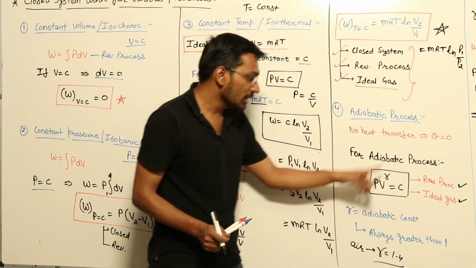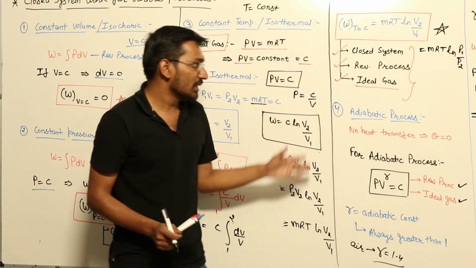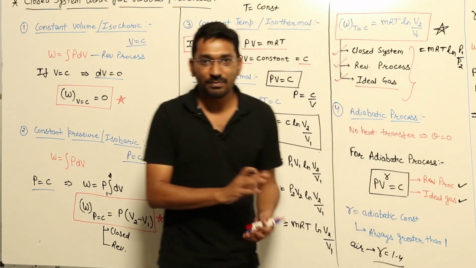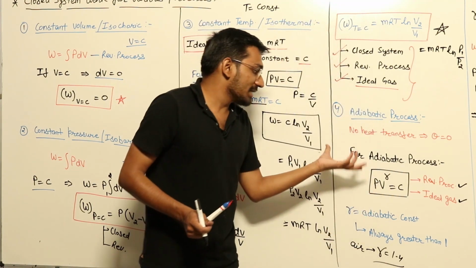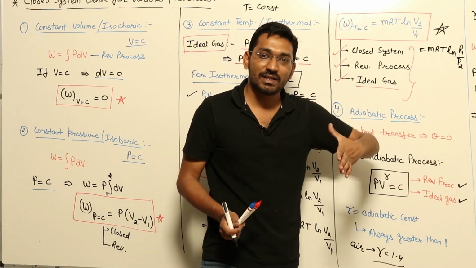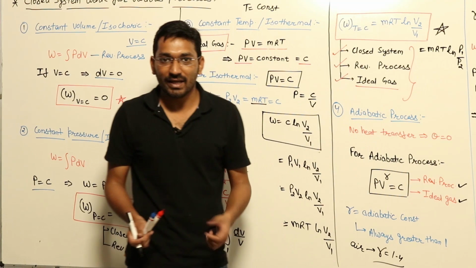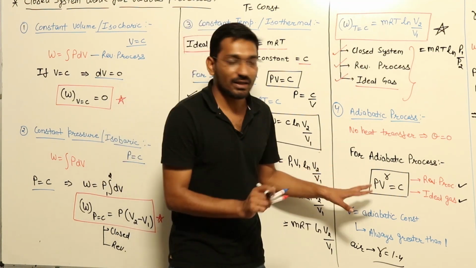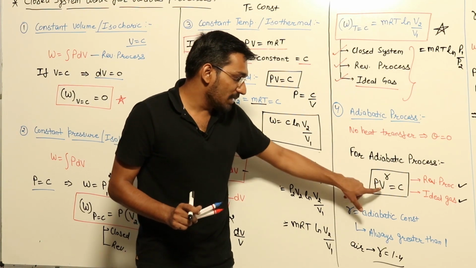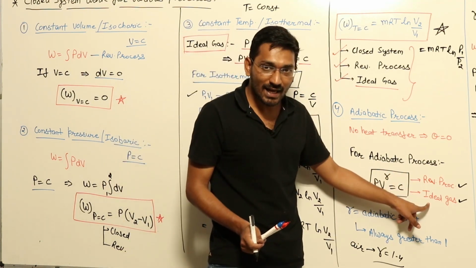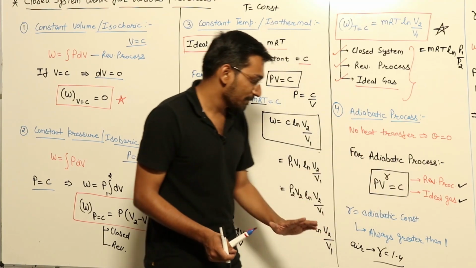You have to remember all the assumptions, because when you are solving the numericals, these assumptions will be most important. If the assumptions are deviating and you are using this formula, and in the question it is given that it is not an ideal gas, other gas is given, and still you are using this formula, that numerical will go wrong, right? So PV raised to power gamma is equal to constant will hold good only for an ideal gas and a reversible process.